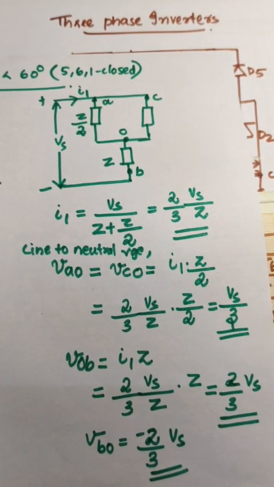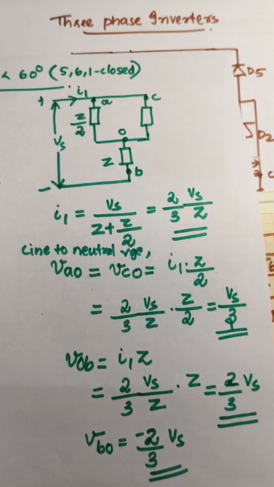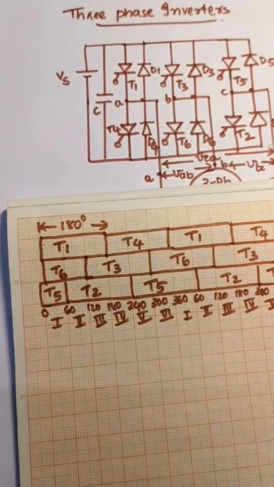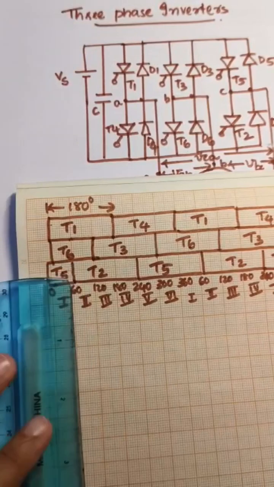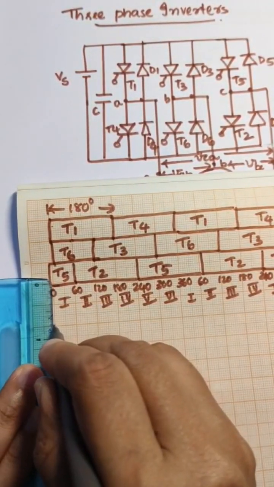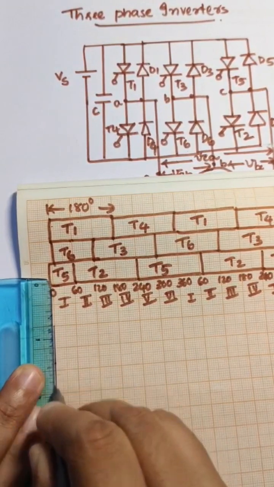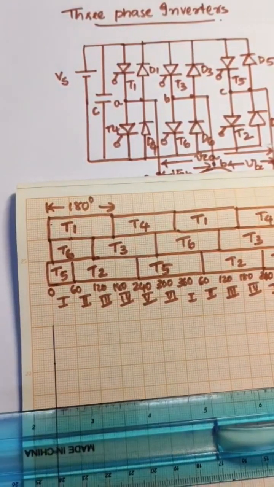We need to mark these line voltages obtained in the graph. For that, first we need to draw x-axis for the line voltages.